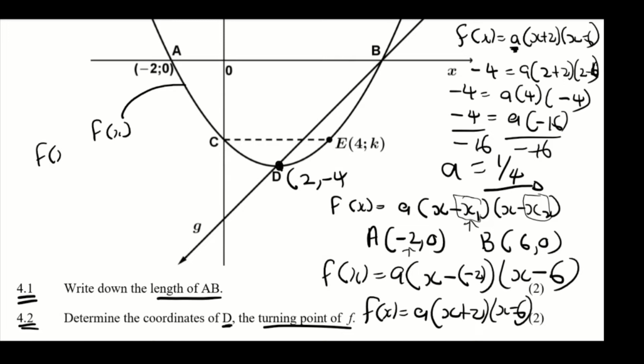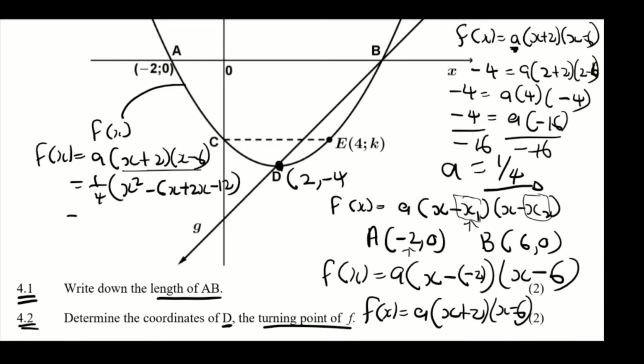f of x is equals to a into x plus 2, x minus 6, of which our a value is 1 over 4. So it's going to be 1 over 4 into, finding the product here, you're going to get x squared minus 6x plus 2x minus 12, which is 1 over 4 into x squared minus 4x minus 12.